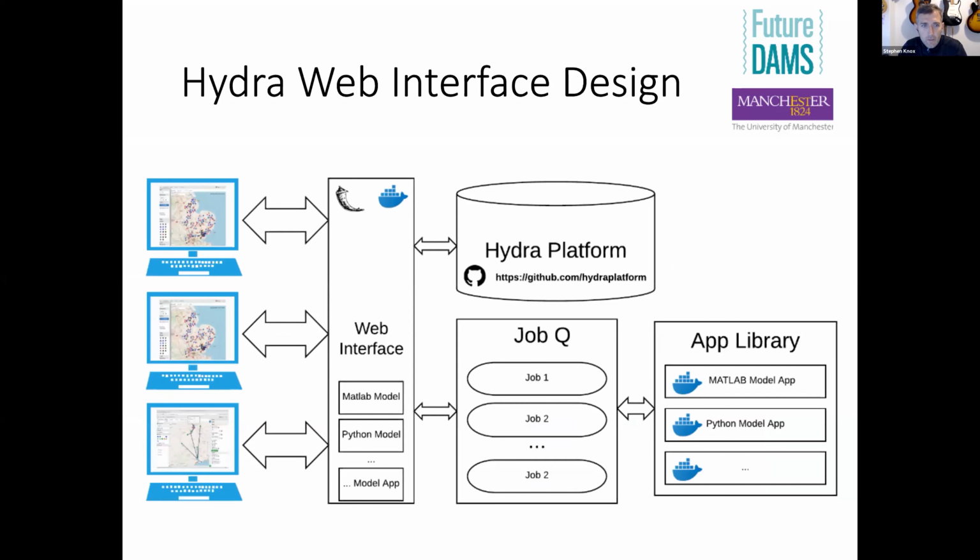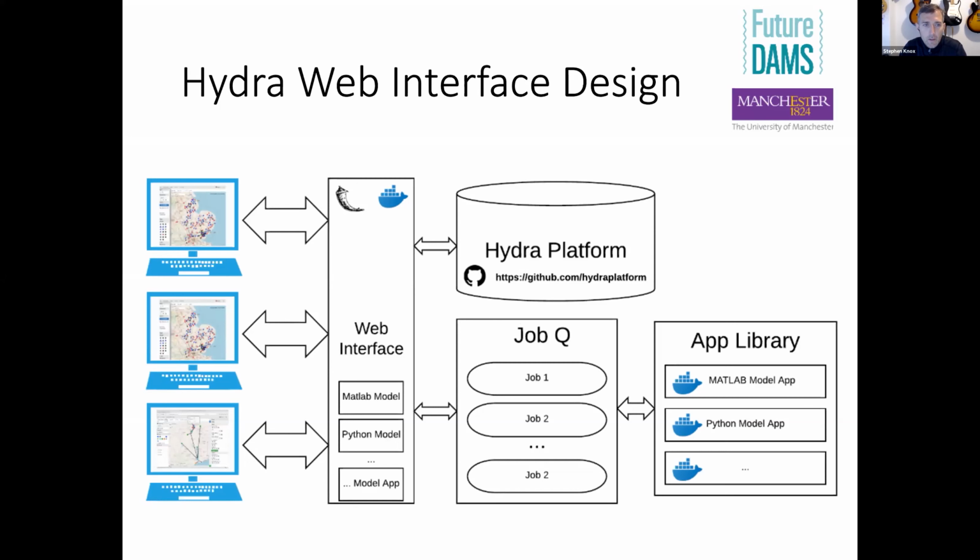And the way this works is that you have multiple users logging in. We have this web interface section here in the middle that handles all of this traffic. And the crucial thing here at the bottom of the central section is the MATLAB model, Python model, et cetera.